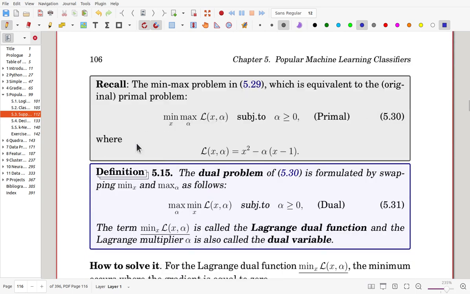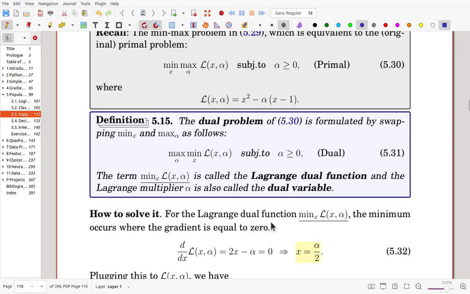The dual problem is simply that we change here min and max so that it becomes max and min. Of course, minimization is about x, and now maximization is over alpha. So that is now the dual problem of the primal problem.